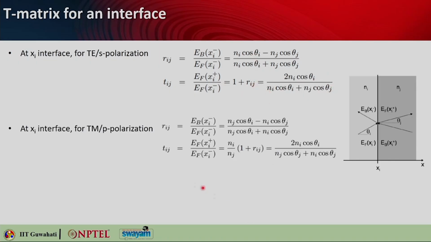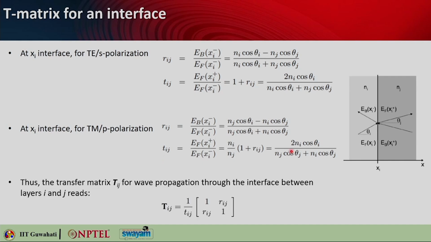Similarly, you can also do this exercise for P polarization or TM polarization. There the ratio for Rij is still the same, that only determines it, but the value here will be different. Similarly, Tij will also be different. So this is finally the thing that you can obtain, because you have to talk in terms of the Rij and Tij parameters.